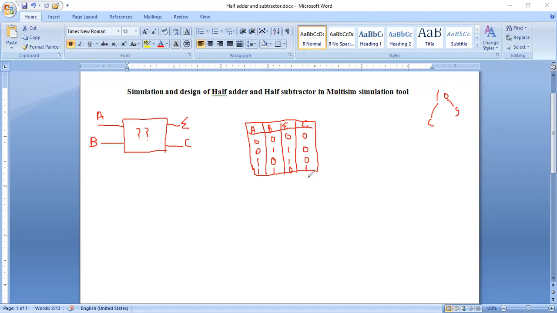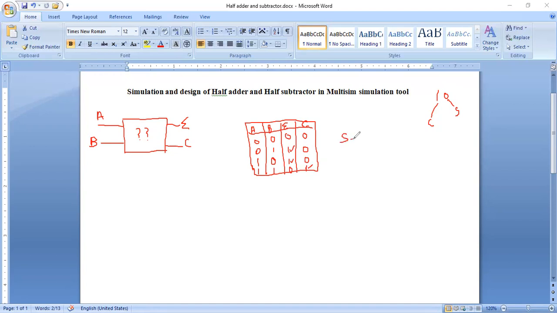Next step is that we need to extract logical equations. For the SOP standard, sum of products standard, we have to mark our output column where we have output 1, like this, and like this. Okay, so I'm going to write down here the sum equation.